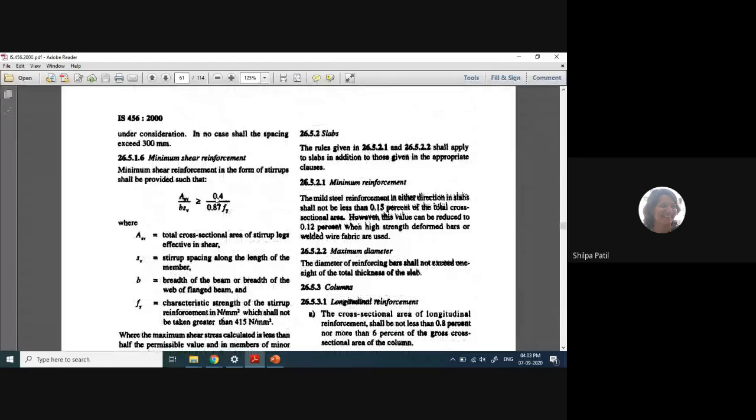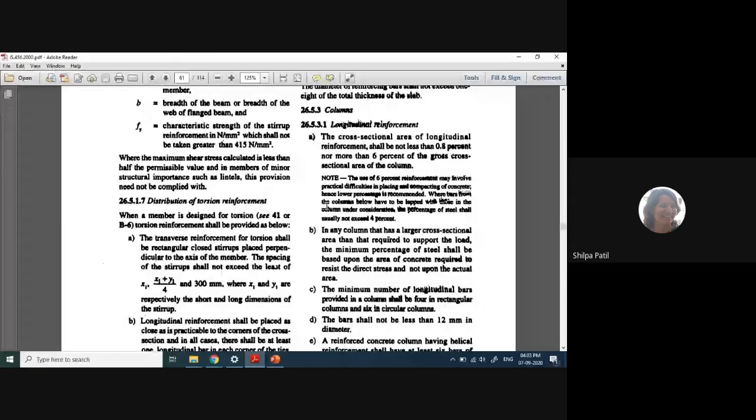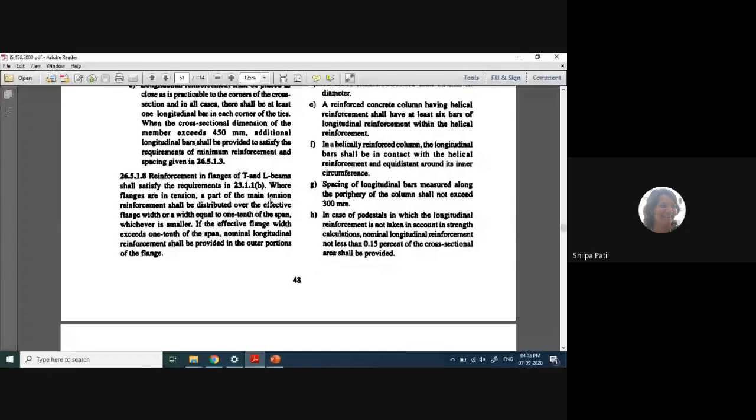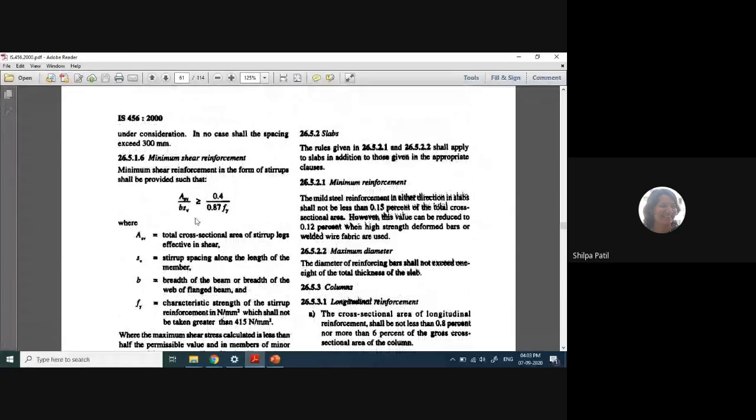This one, 0.4 BD. This is the formula actually, which is a combination of both the effect of grade of steel as well as the size dimension of the beam.